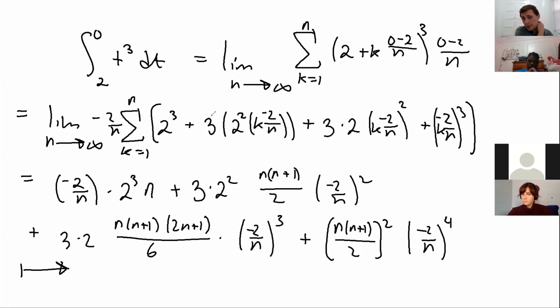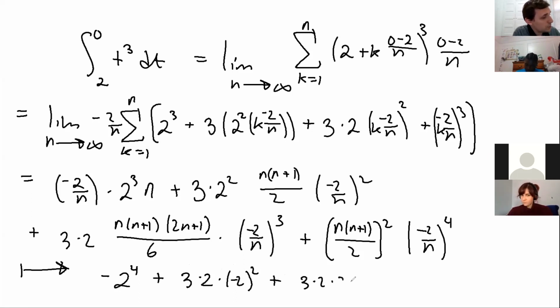So what is that limit? That limit is, let's see, minus 2 to the power of 4 plus 3 times 2 times minus 2 squared plus 3 times 2 times 2 times minus 2 cubed divided by 6.